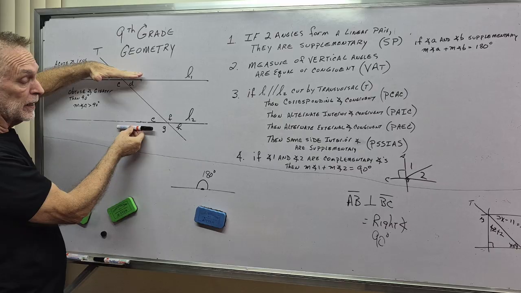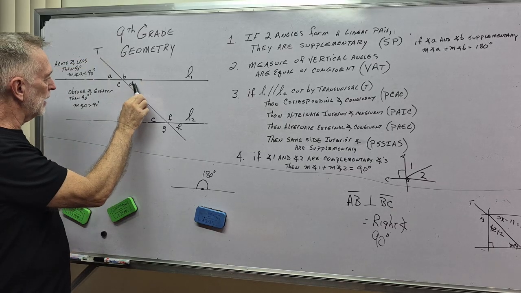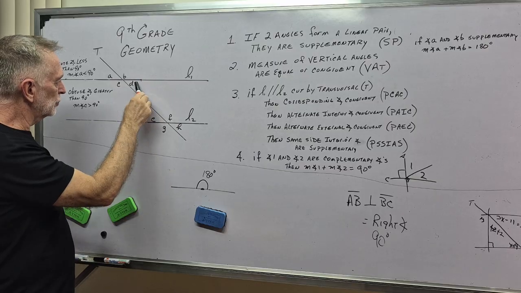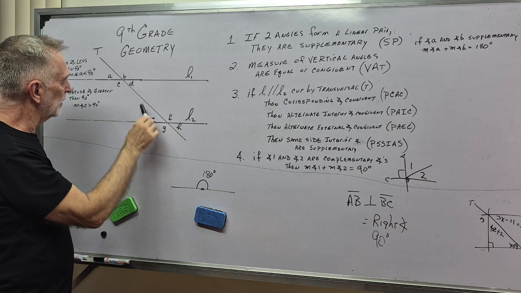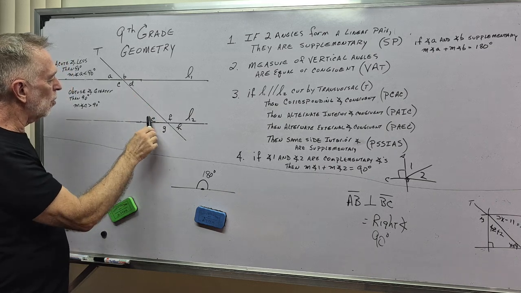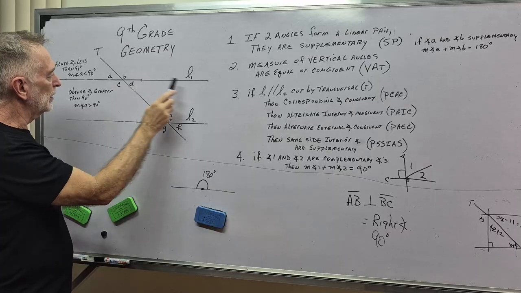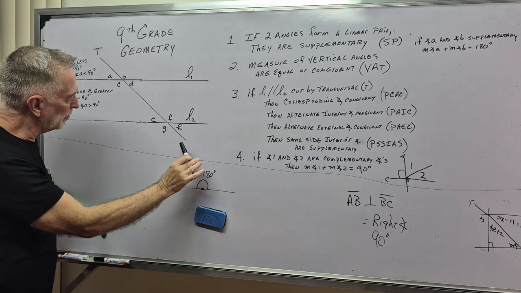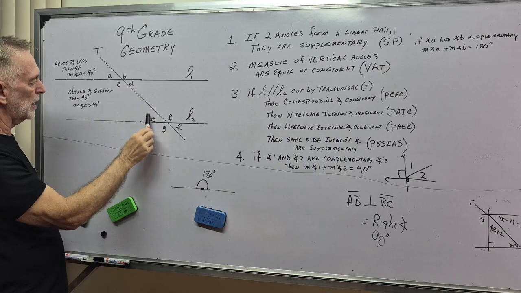So in between the two lines, there's an angle on one side of the transversal, and alternately, there's one on the other side. That's what they mean by alternate interior angles. If these lines are parallel, cut by a transversal, alternate interior angles are the same.